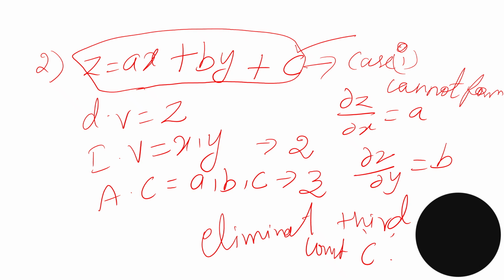Therefore, if there are two independent variables, we can eliminate at most two arbitrary constants. If the number of arbitrary constants is greater than the number of independent variables, all the constants cannot be eliminated. For example, dou z by dou x, dou z by dou y.